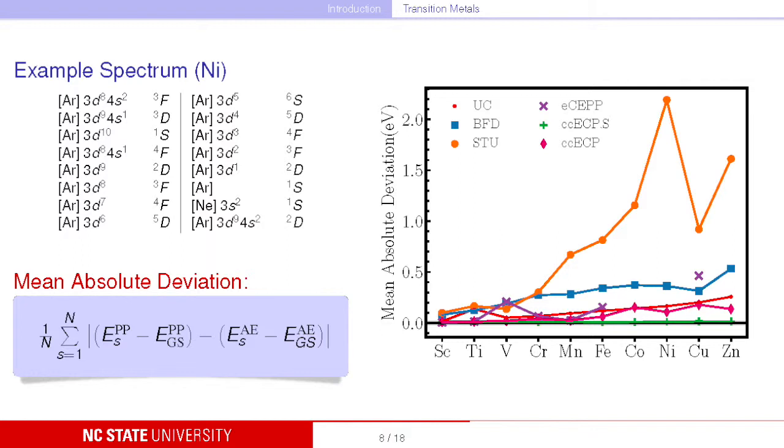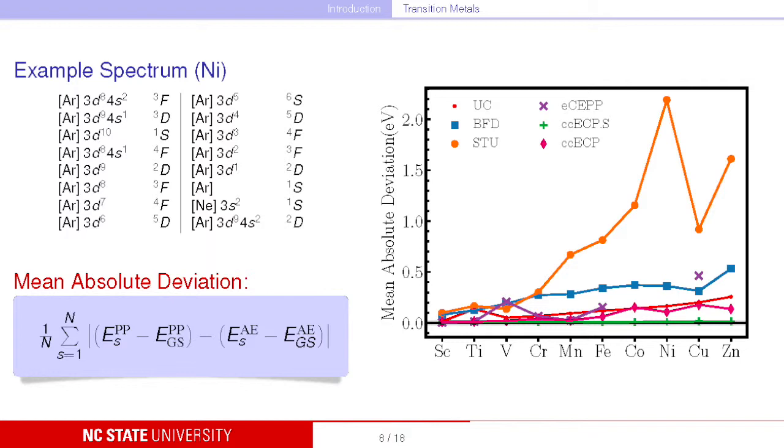So if I'm pseudizing, let's say oxygen, I remove the 1s. In the uncorrelated core, I'm not allowing any single or double excitations that involve that 1s orbital. It still has valence-valence correlations, and it's still an all-electron calculation. Quantum chemists actually use it quite often, where they don't allow correlations from the core because they don't think it's important.